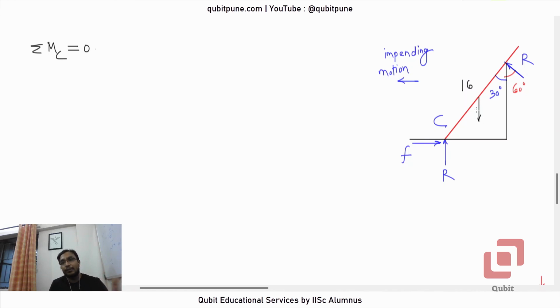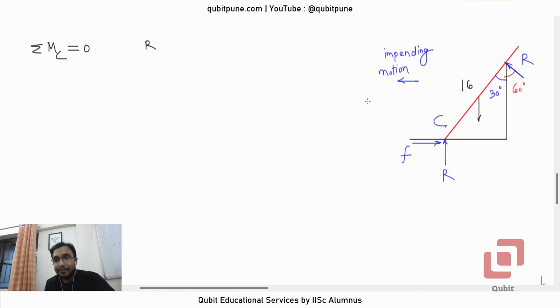Moment is force into perpendicular distance in two-dimensional version. Correct? So R into what? First of all, if only R were acting, the wall reaction, it would have produced anti-clockwise moment. Agreed? So take it positive.